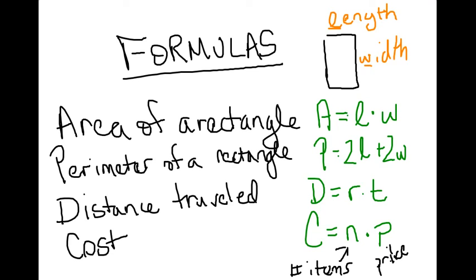So this P, that's the price for one item, and N is the number of those items. And so you multiply the number of items times the price per item, and you get the total cost.